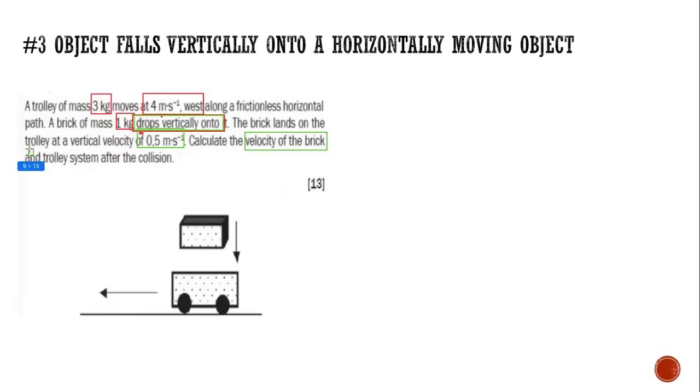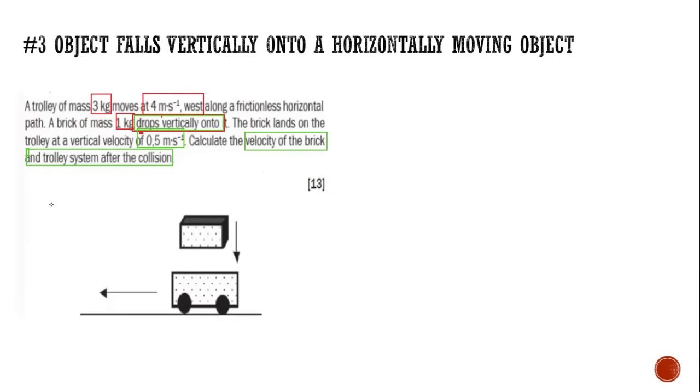So we can see this is similar to case number 2 that we just encountered, because the objects are moving separately, and after the collision they will move together as a unit.